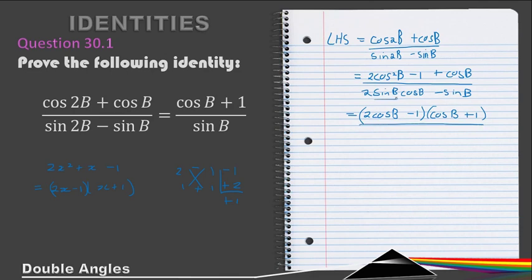We just take out a common factor of sine b, and what is left is 2 cos b for the first term minus 1 for the second term, which means we can now cancel these factors that are identical, and we are left with cos b plus 1 over sine b, and this is then equal to the right hand side.